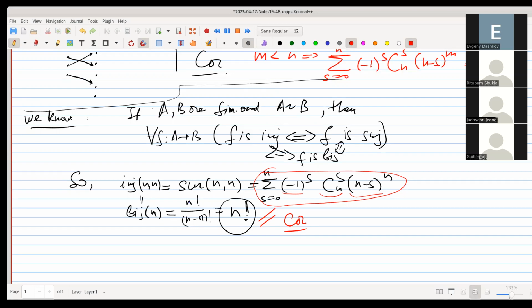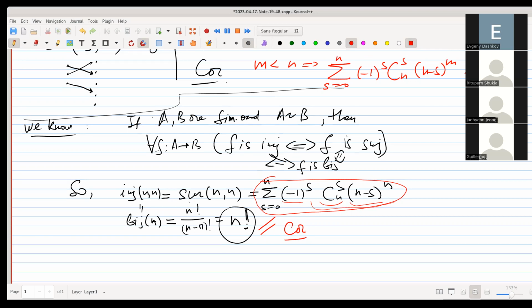Interesting. On the other hand, this looks slightly like Taylor's formula. Do you know Taylor's formula from your calculus course? Yes. It is a little bit similar to that. Okay.